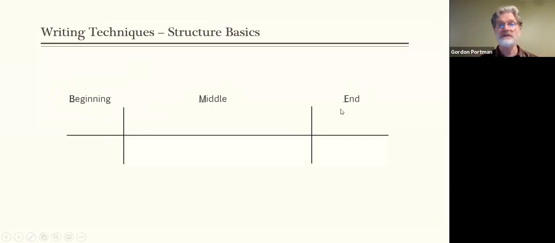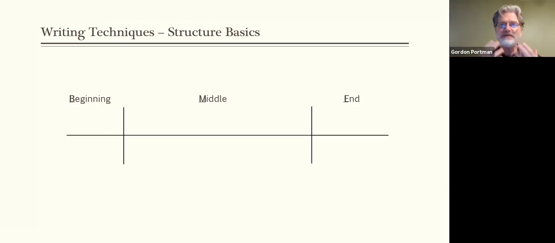It sounds fairly basic and straightforward, but I wanted to talk in a little more detail about what goes into a beginning and a middle and an ending. Again, keep in mind that the principles we're talking about here are applicable to any form of writing we're doing: nonfiction, fiction, drama, or poetry.